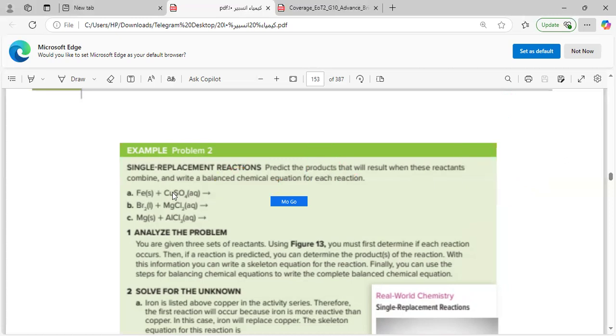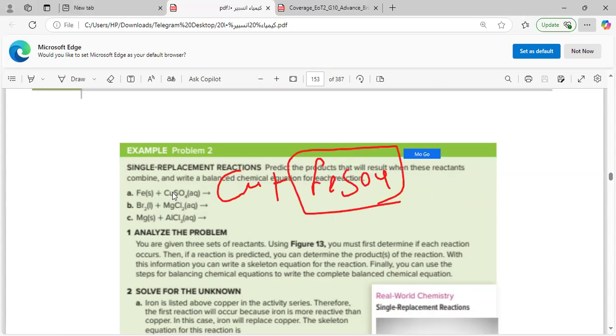The reaction will be Cu kicked out, plus FeSO4. What happened? We have a single replacement, an exchange between the iron and the sulfate.